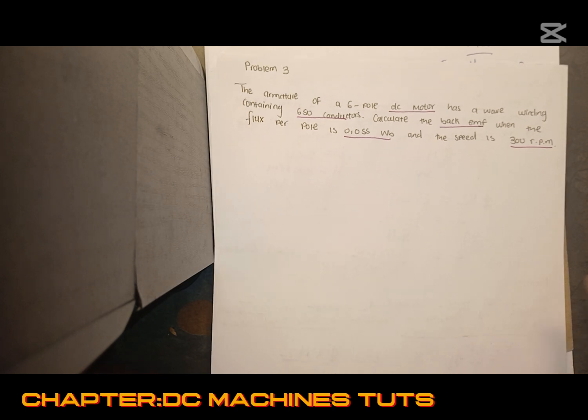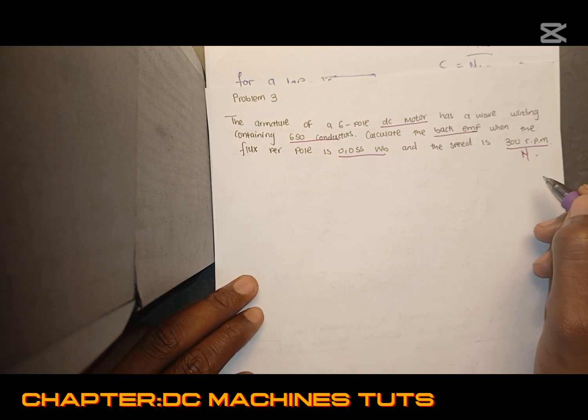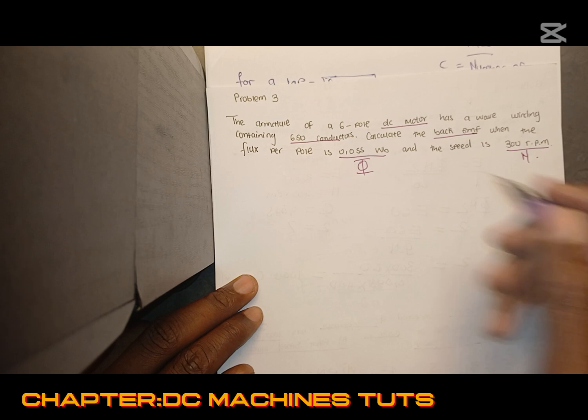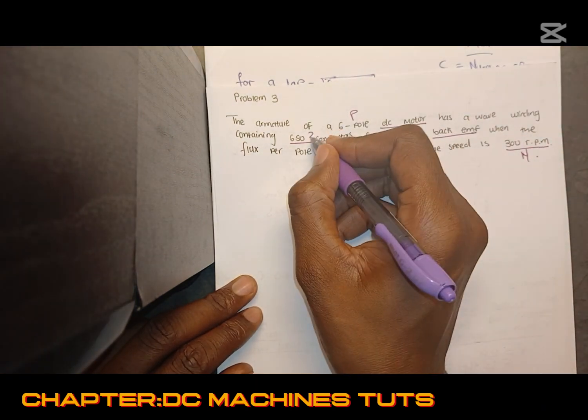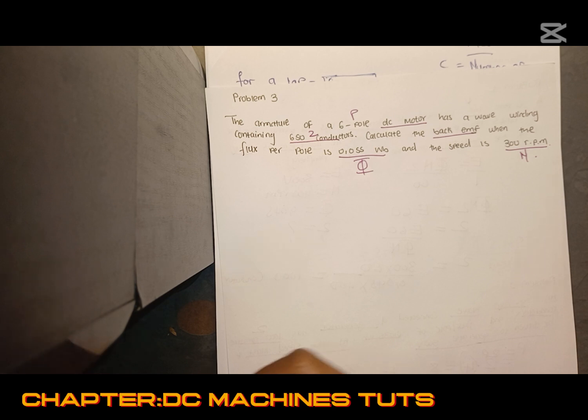Right? Now, at this point, we have the rotation speed, the flux, the number of poles, and our Z, number of conductors. Right? Now, what are we looking for?